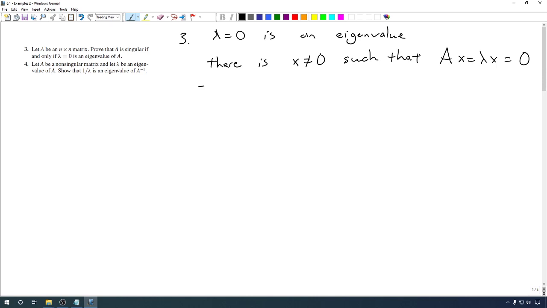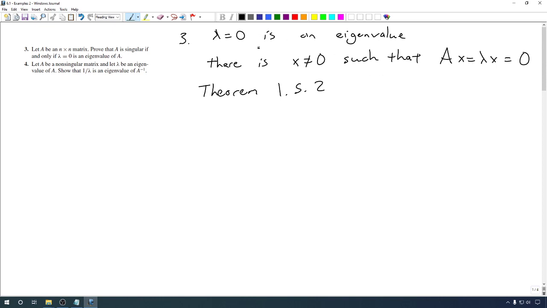We had a theorem, theorem 1.5.2, way back at the beginning of class, that says a matrix A is non-singular if and only if Ax equals 0 only has the solution x equals 0. So since we have another solution here, this eigenvector x that solves that equation, that means A cannot be non-singular. But that is an if and only if. So this having a solution means that A is singular, but it also means that if A is singular, this has a solution.